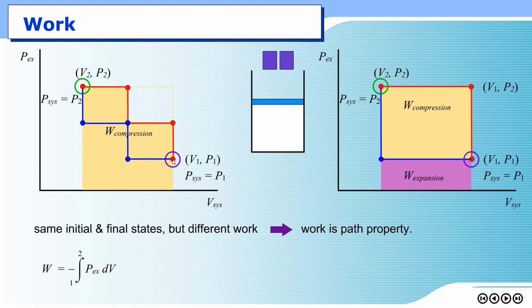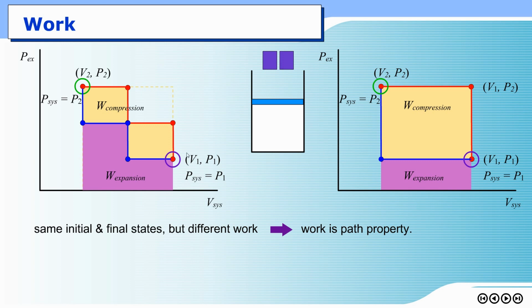Okay, you end up with this point, and the area underneath would be the expansion work. So if you compare the expansion work in this case, when you have two pieces of mass, it seems to be larger than the expansion work with a single mass, right? So it's also a good example that work is a path property.